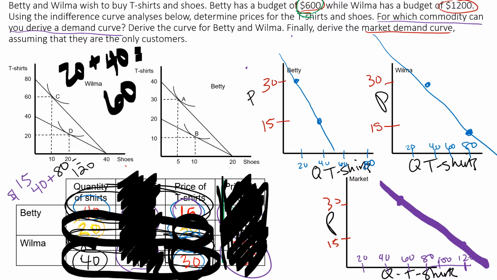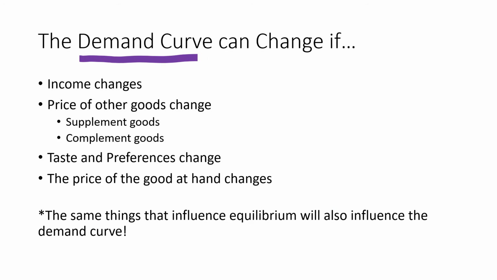And there's our demand curve for the market. So what we did is we took Betty's demand, added it to Wilma's demand, and we got the market demand. So a lot of work for that problem, but there it is. Okay, so we had a couple examples of the demand curve.